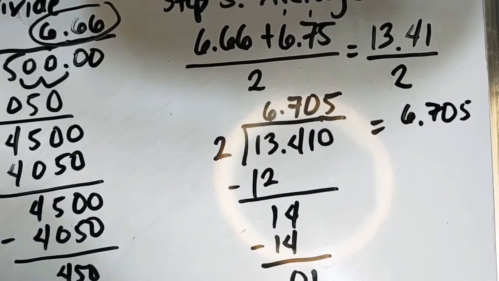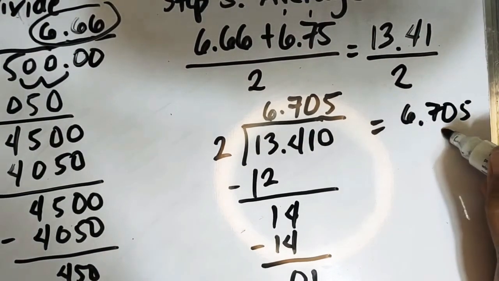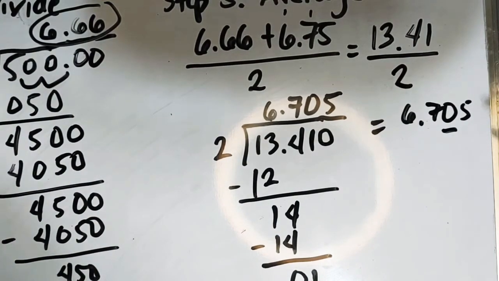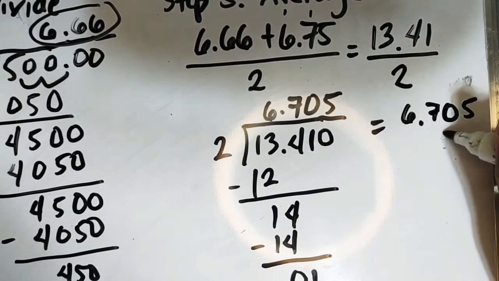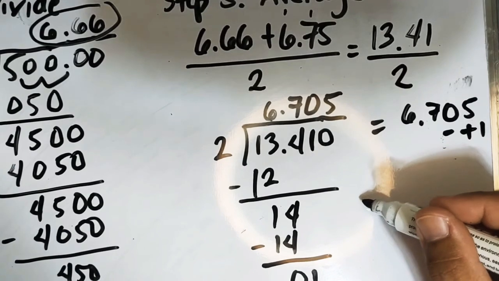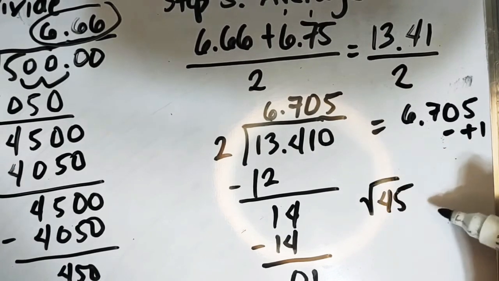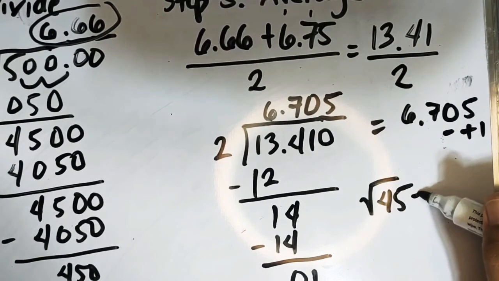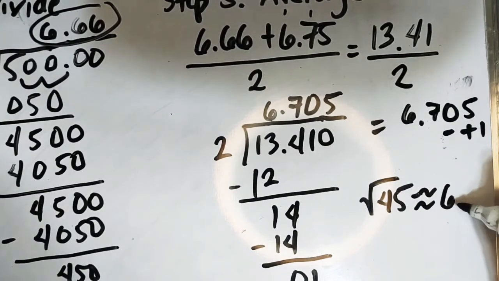At dahil mag-estimate tayo to the nearest hundredths, ayan, so ito nyan ay 5, wait lang, 0, 5, so to the nearest hundredths tayo, at ito ay 5, ibig sabihin mag-add tayo ng 1, plus 1. Okay, so the square root of 45 is approximately 6.71.